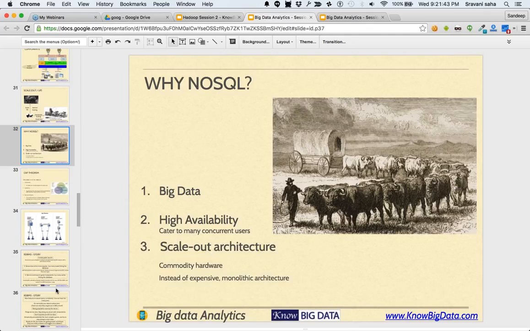In simple words, when you hear that people are moving to NoSQL, the first question you will ask is why? What's the point of having this new genre of databases? There are three reasons. First, to store big data. Second, make it highly available.